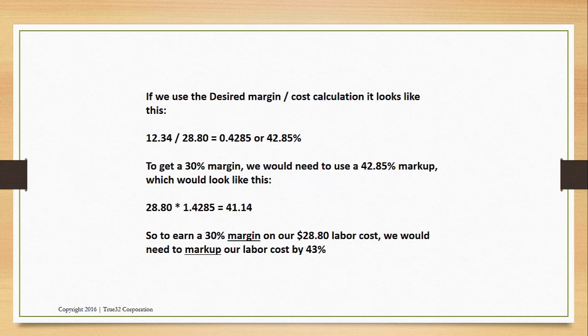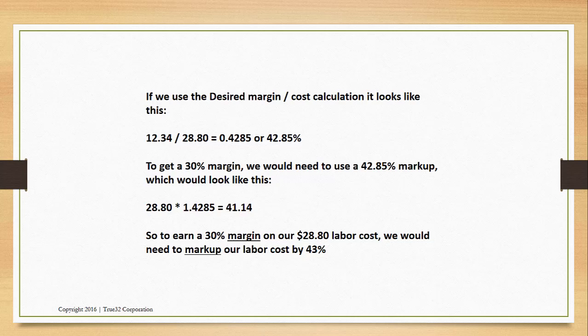So 28.80 times 1 is 28.80, and the rest of that after the decimal point, 4285, being 42.85%, gives us the marked up cost in a single calculation rather than having to do 28.80 times 42.85% and then add that number to it to get the $41.14. But this math here, 28.80 times 1.4285 equals $41.14, becomes our loaded labor rate.